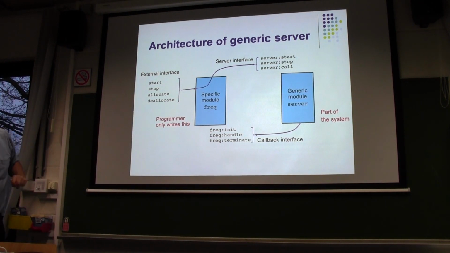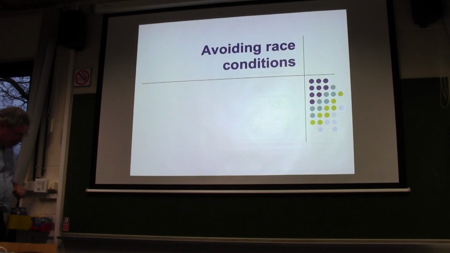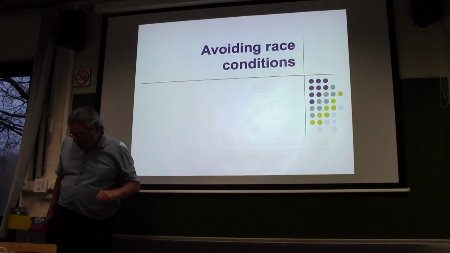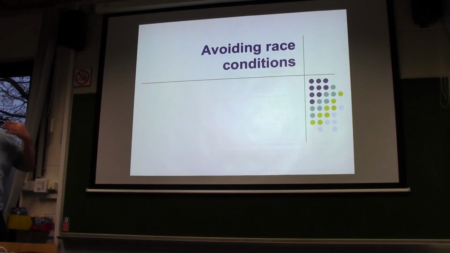Okay, so that's the second thing I want to refresh. Now I want to talk about two little programming patterns that I didn't talk about last time, to refresh your memory on how programming is done in Erlang.